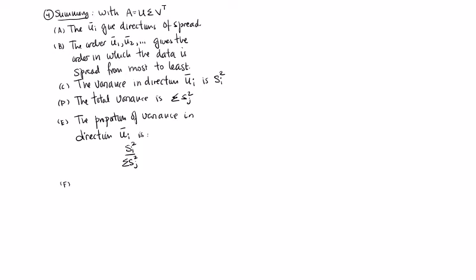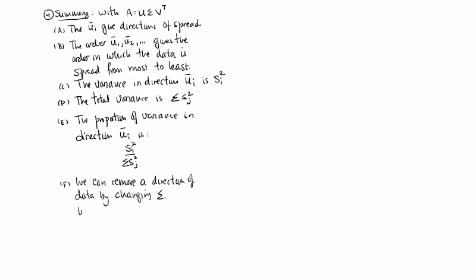And then last, for example, we can simplify the data, right? We can remove a direction of data by changing sigma.